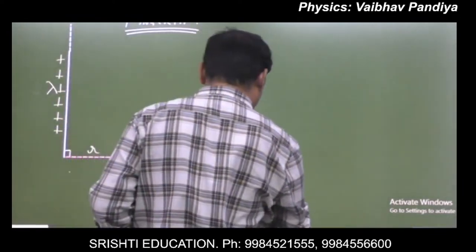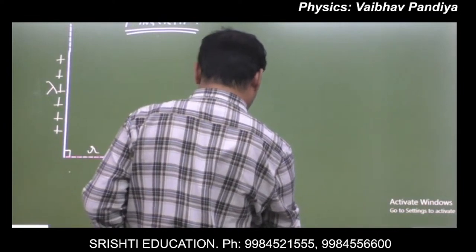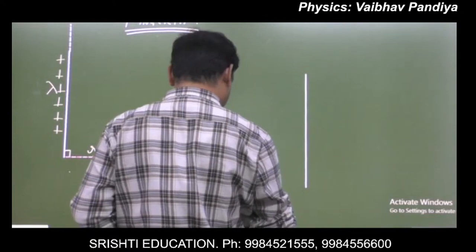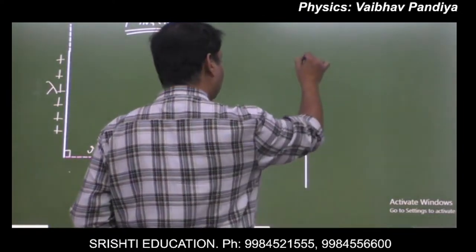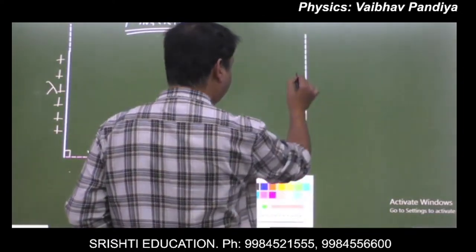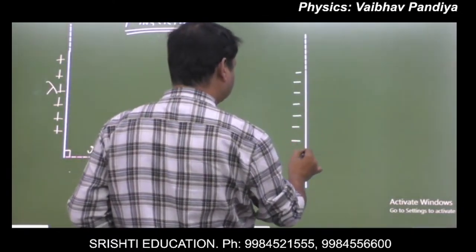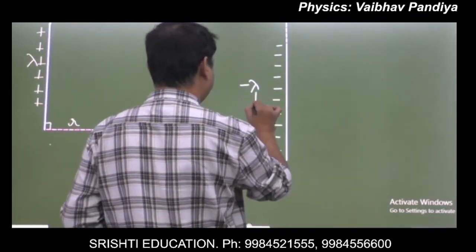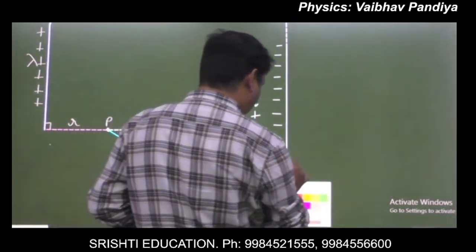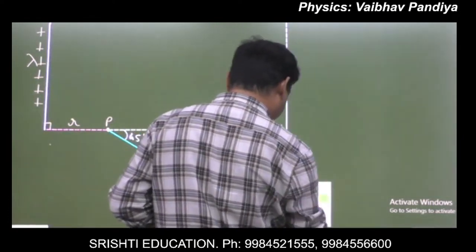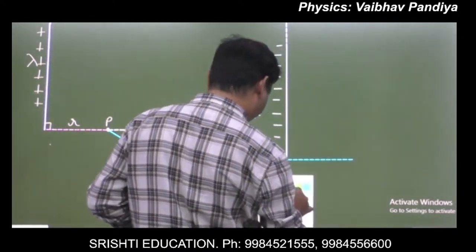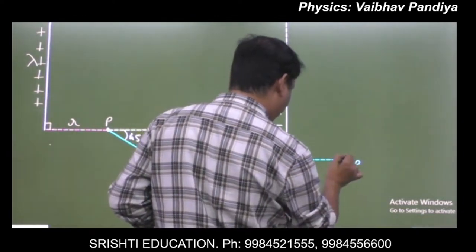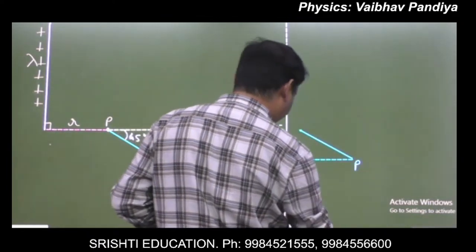And if it is a negatively charged rod, say minus lambda, and lambda is something positive, your field will again be at 45 degrees with the perpendicular, inwards, above the line.